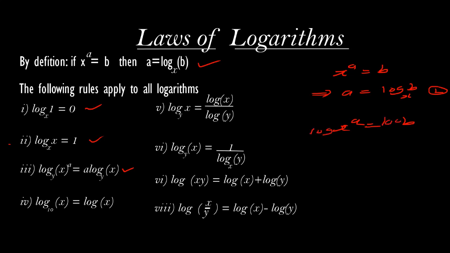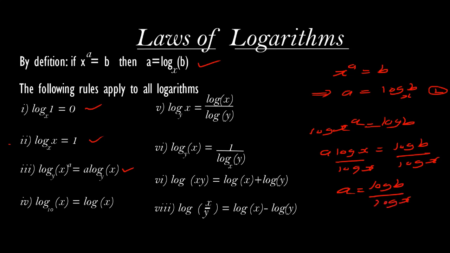So if you have x raised to power a is equal to b, then by definition, a is the logarithm of b to base x. If you put logarithm on both sides of the equation, then a becomes the coefficient. So it is a log x is equal to log b. Divide both sides by log x. So you end up with a to be log b over log x.